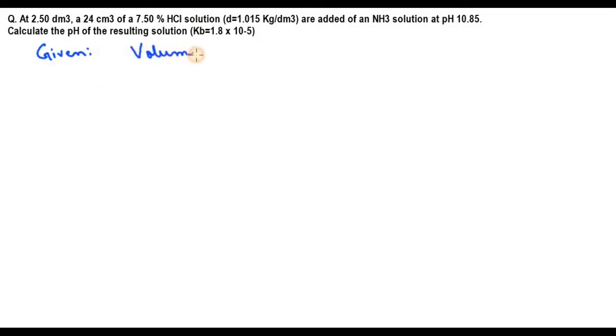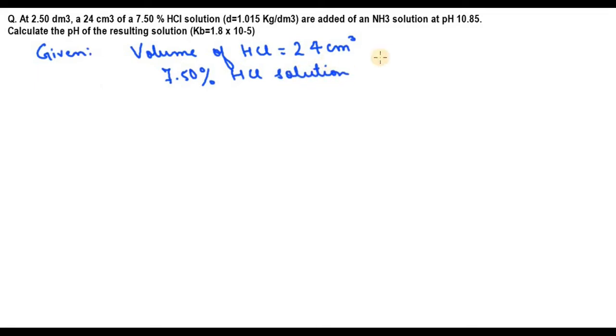Volume of HCl is equal to 24 centimeter cube and the percentage of HCl is given here, that is 7.50% HCl solution, and its density is also given, that is 1.015 kg per decimeter cube.